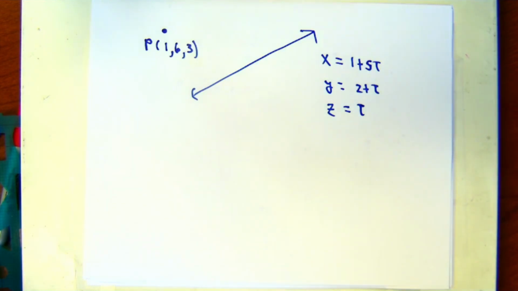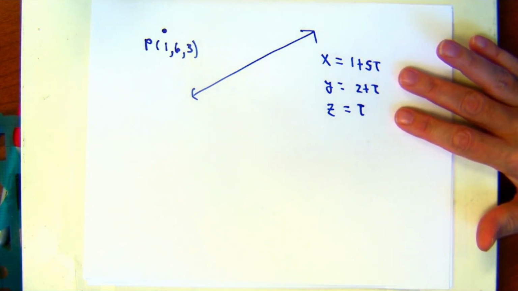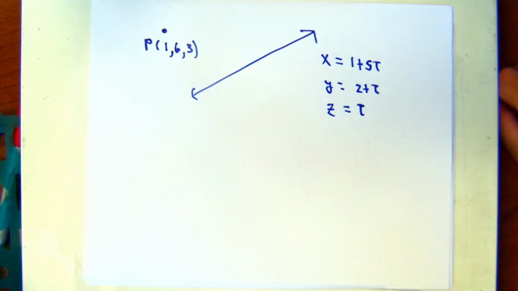As an example, I'll have the straight line x equals 1 plus 5t, y equals 2 plus t, z equals t, and I'll also have the point P with coordinates 1, 6, and 3. If I wanted to be paranoid, I would check and make sure that that point isn't actually on the line, although if I didn't do so and found out that the perpendicular distance was 0, I would know then also.